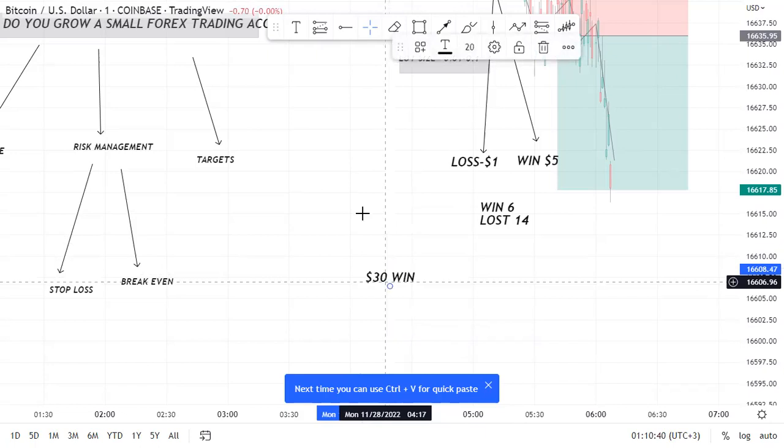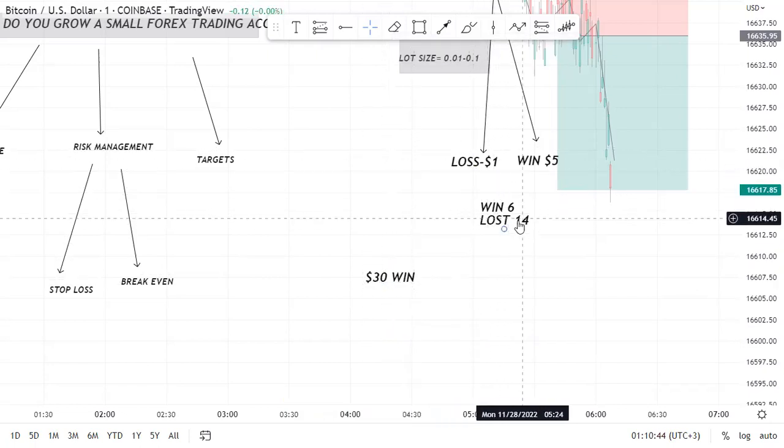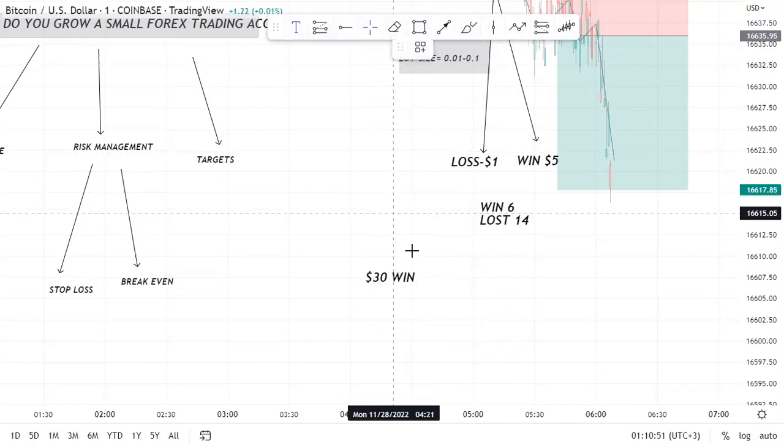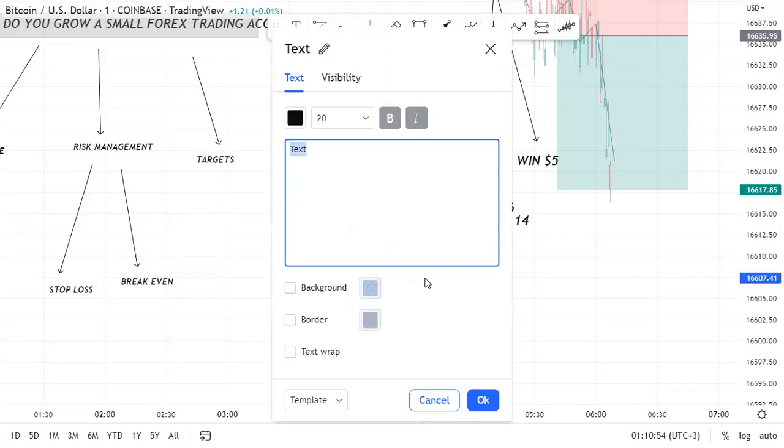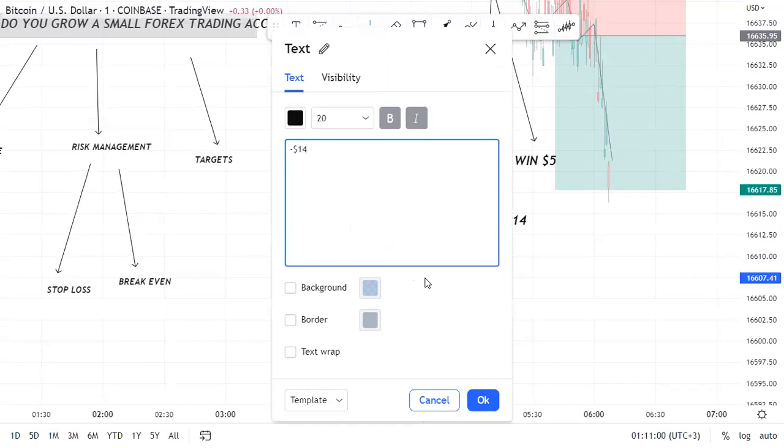So if we lost 14 trades, we're saying a dollar is a loss, so a dollar times 14, which is minus 14. So here we are saying 30 minus 14, which is equal to 16, right?